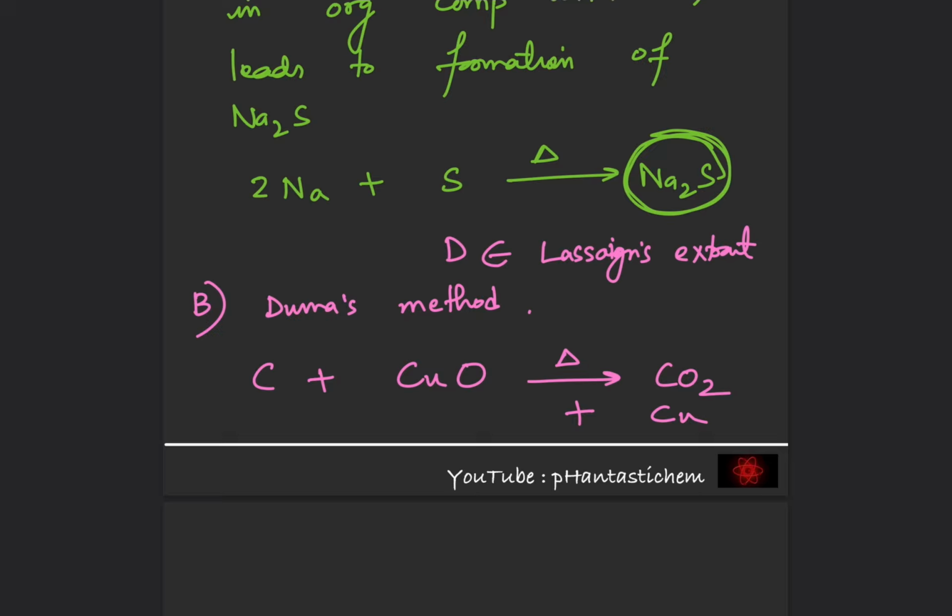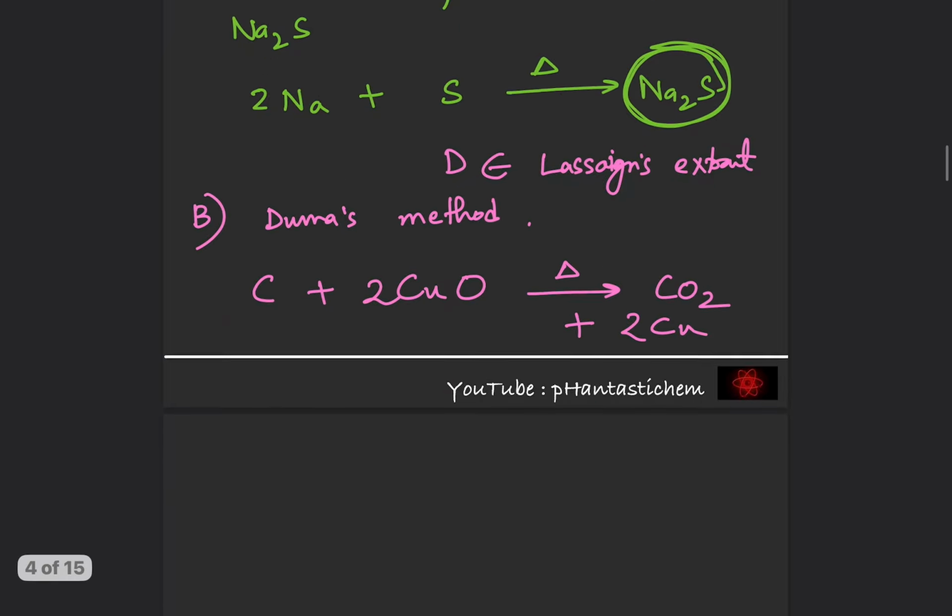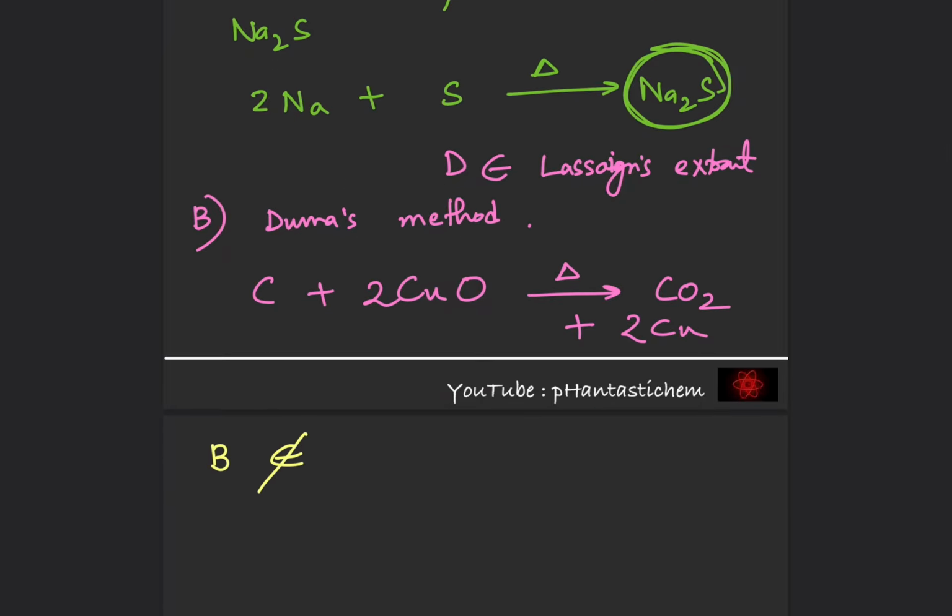So we have this carbon from a known mass of organic compound, and this is copper 2 oxide. We heat them and we get CO2 and copper. When we balance this reaction, we'll have a 2 here and a 2 here. So this reaction is based on the Dumas method. So B does not belong to Lassaigne test.